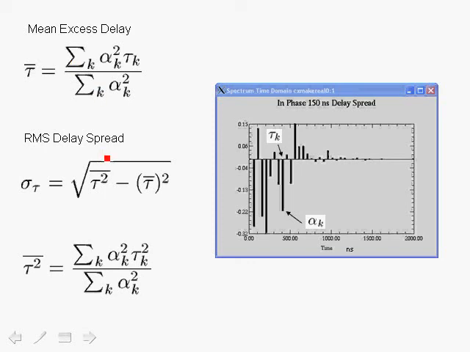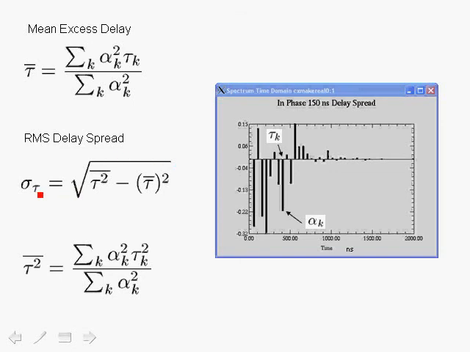Now, very important for our work is the RMS delay spread. That's the square root of the variance of the delay spread. So here we have the RMS delay spread is equal to: we take the mean of tau squared minus the square of the mean, and if we compute the square root, we get the RMS value.